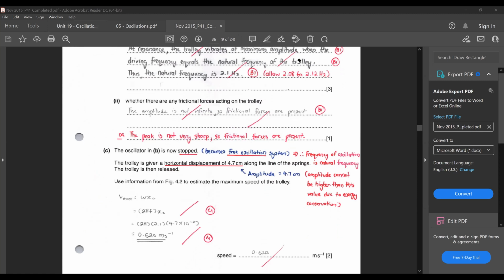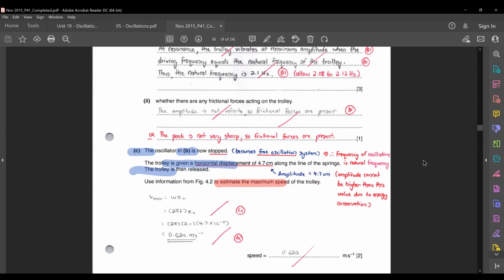Now in part C, they mentioned this. The oscillator in B is now stopped. The trolley is given an initial horizontal displacement of 4.7 centimeter along the line of the springs before it is released. From here, find out the maximum speed of the trolley. Okay, so this is a new situation that's being described here.